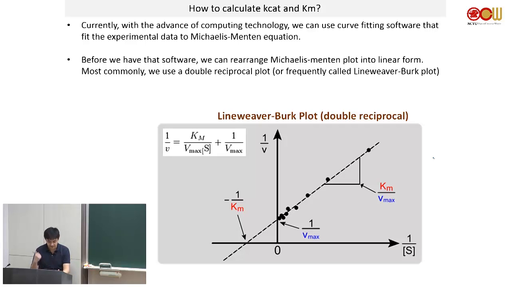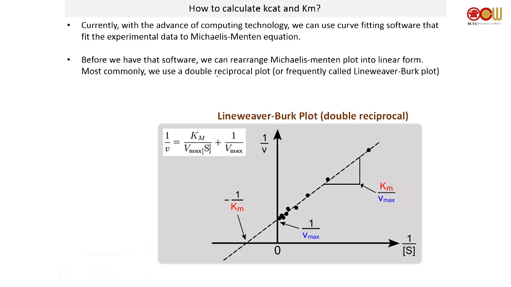There are a couple of ways of doing it. The most common way is the Lineweaver-Burk plot, where you do a double reciprocal plot. Remember our V is equal to Vmax times substrate divided by Km plus substrate. Then you take the inverse of both sides, and that's what you'll get.